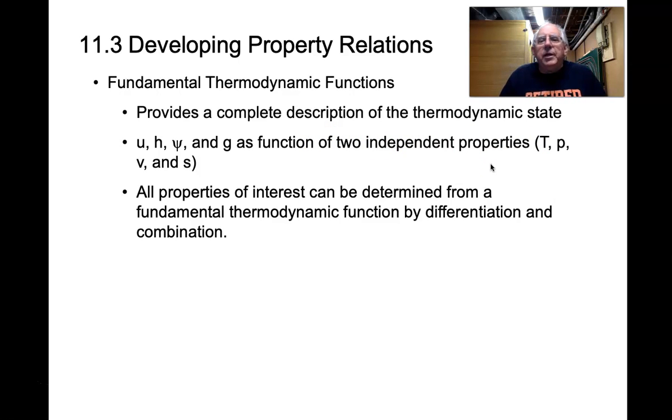And those two independent properties could be temperature, pressure, volume, and in addition, entropy. And so by knowing that, all the properties of interest can be determined by either differentiation or a combination of the various thermodynamic functions.